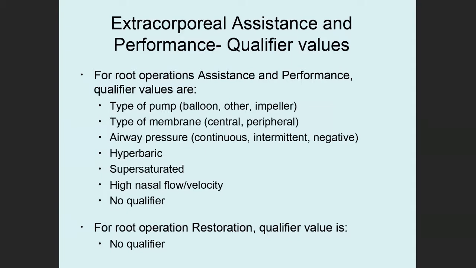Qualifier values for this section are, for assistance and performance root operations, you have a type of a pump, you have a type of a membrane being treated, airway pressure, hyperbolic supersaturation, high nasal flow velocity are no qualifier. For root operation restoration, there are no qualifier values at all.